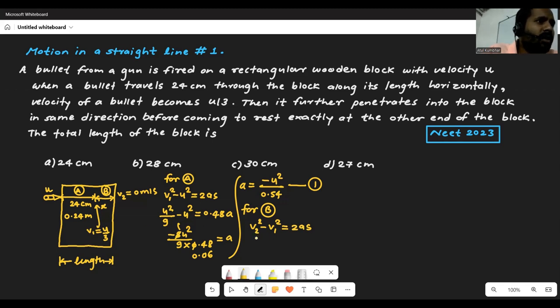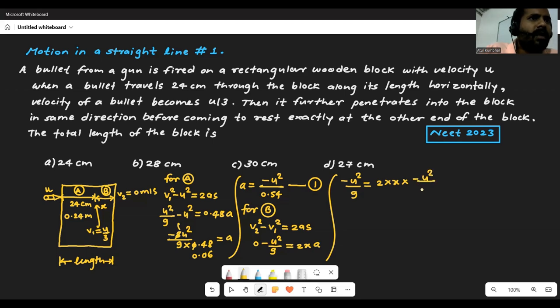Here v2 is 0 and v1 is u by 3, so minus u square divided by 9 is equal to 2 into s. It has traveled x distance, so it becomes 2xa. We can put the value of a directly from equation 1, which is minus u square divided by 0.54.